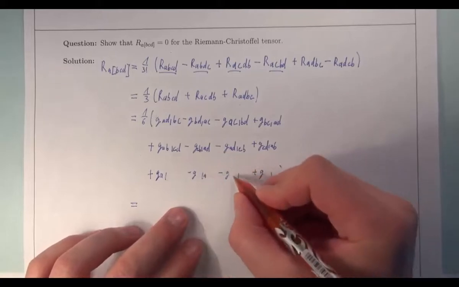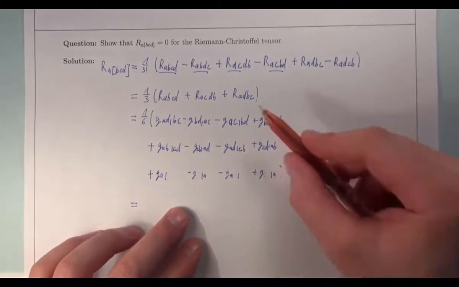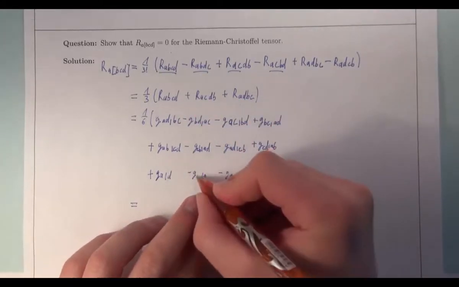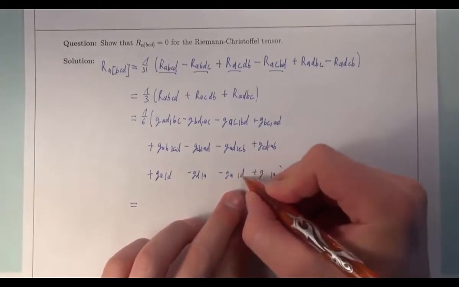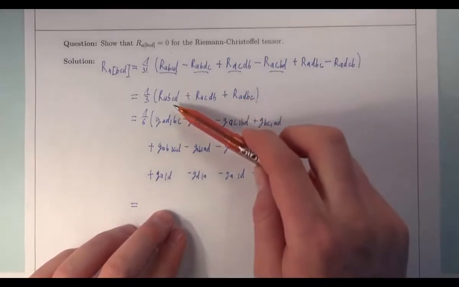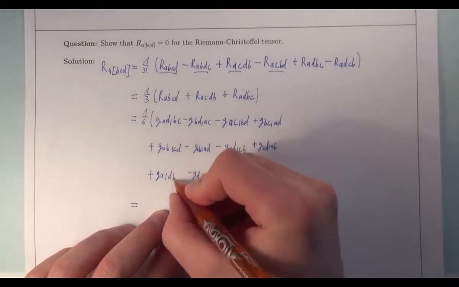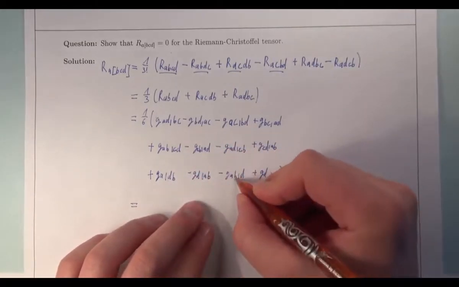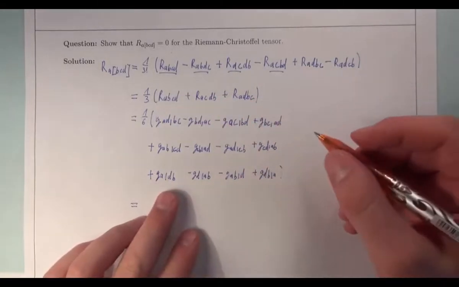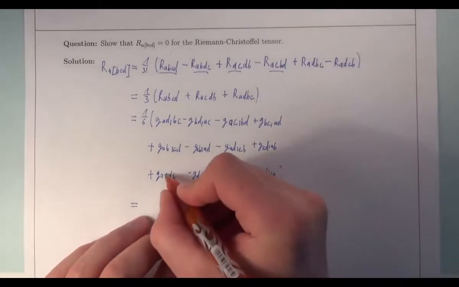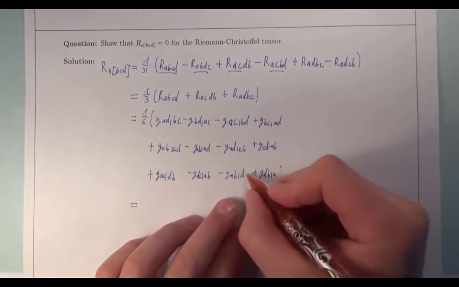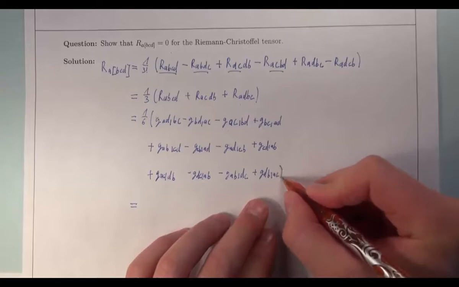A. B goes to D. D. D. D. C goes to B. B. B. B. And D goes to C. C. C. C. And C. Well done.